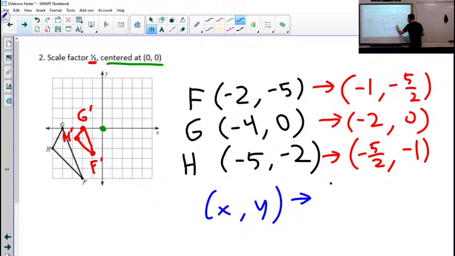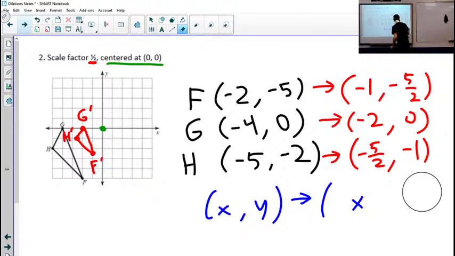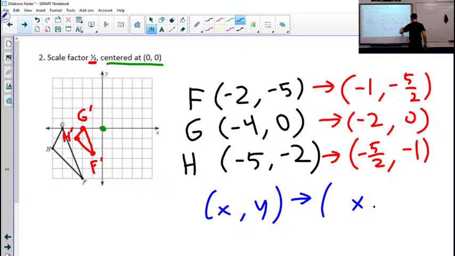Well, all we need to do is take the coordinates and cut them in half. -2 became -1, cut in half. -5 became -5 halves, cut in half. -4 became -2, cut in half. So take the x coordinate, cut it in half. Take the y coordinate, cut it in half.